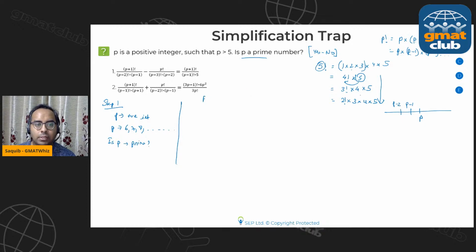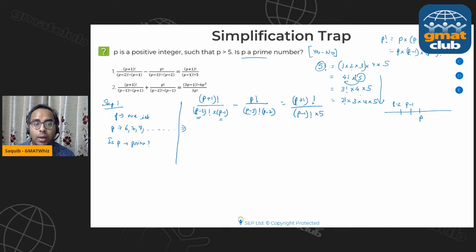So if you look at the first statement, which is (p minus 1) factorial divided by (p minus 2) factorial times (p minus 1), minus p factorial times (p minus 3) factorial times (p minus 2), is equal to (p plus 1) factorial times... And don't get bogged down whenever you get such an expression. Always work with one expression at a time. Look at this: you have p minus 2, p minus 1.